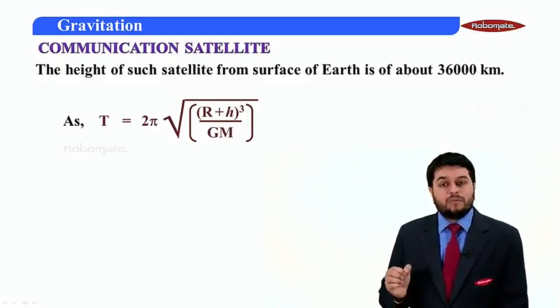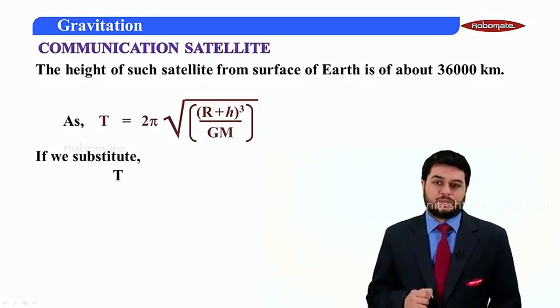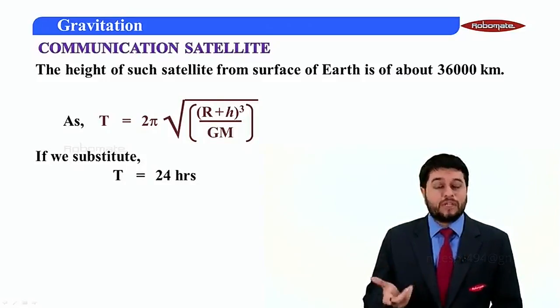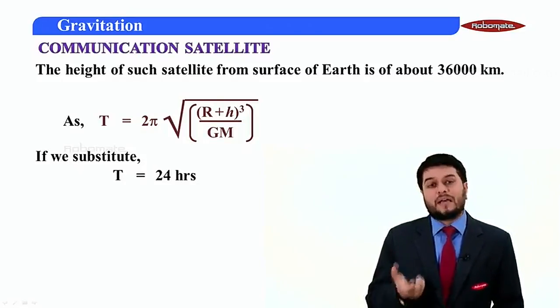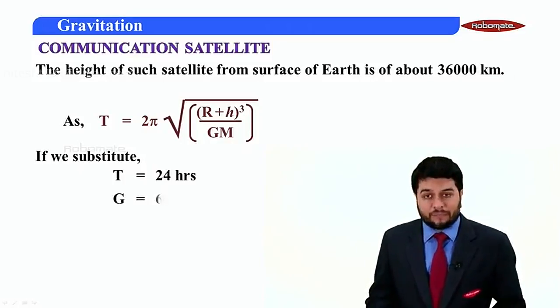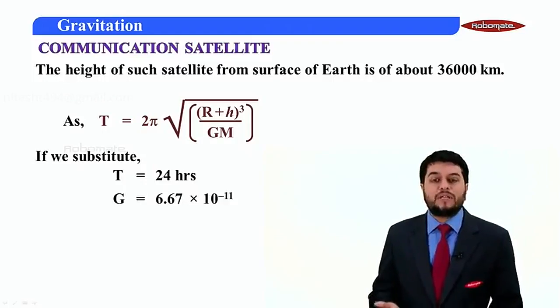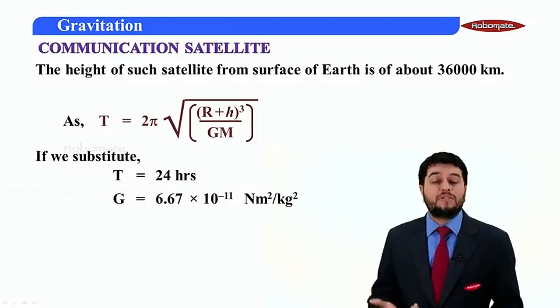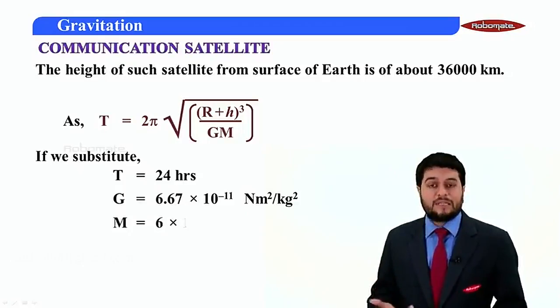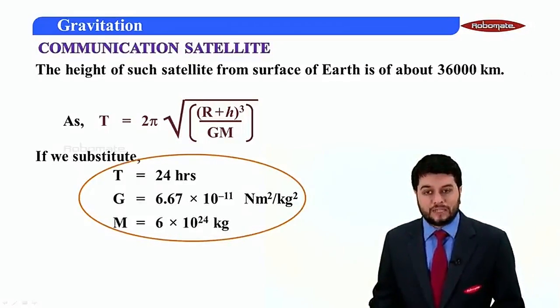Now here, what are the things which we know? We know the time period, because the communication satellite definition says the time period is 24 hours. We know capital G, that is 6.67 × 10^-11 N m²/kg². We know the mass of the Earth, that is 6 × 10^24 kg.